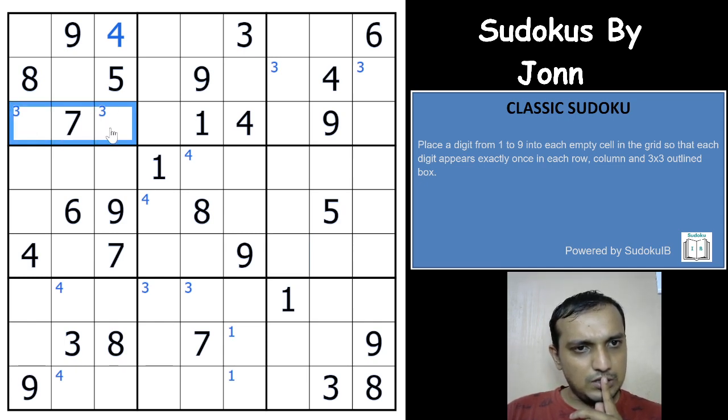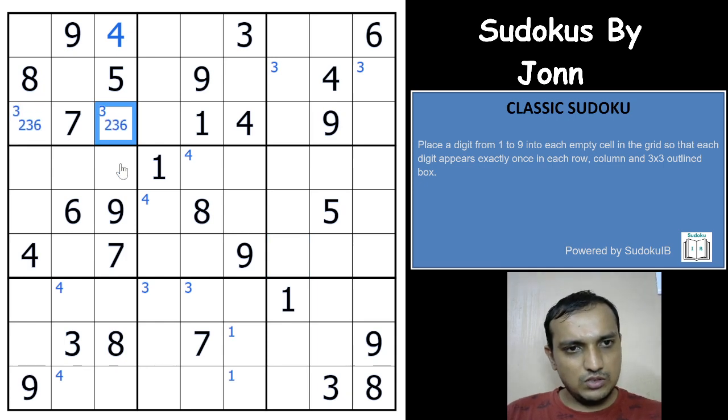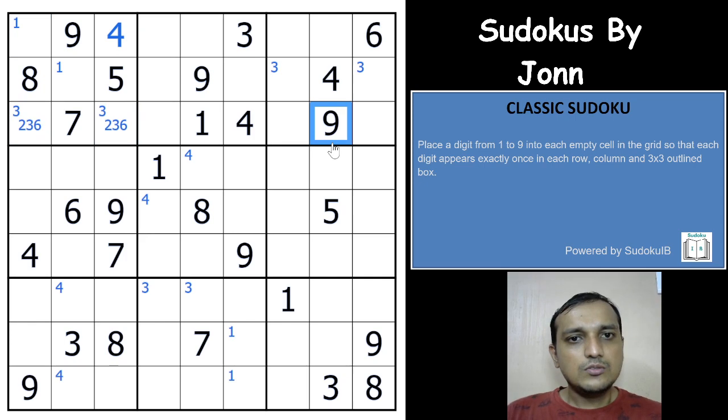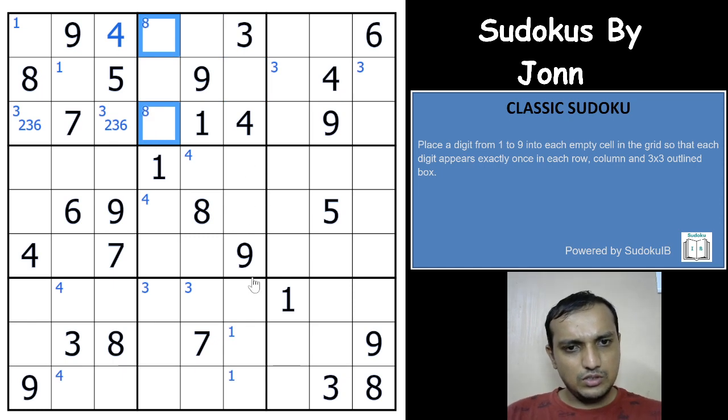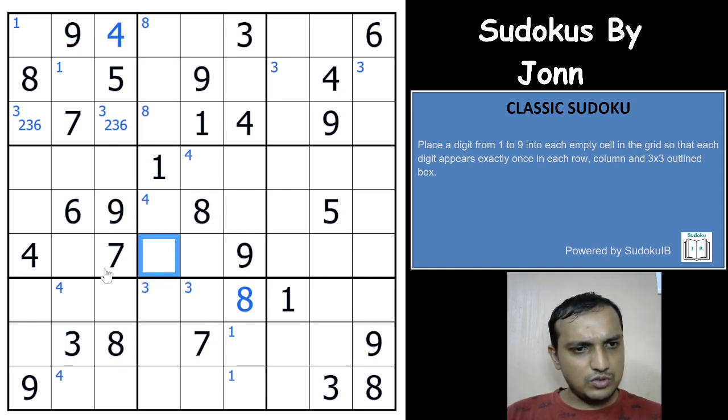So 1 cannot be here. 2 and 6, right? 2, 3 and 6. 1 is in one of these two cells. 8 cannot be here, 8 would have to be in one of these two cells. That gives you an 8 here. Okay, 3 is restricted to these two cells.